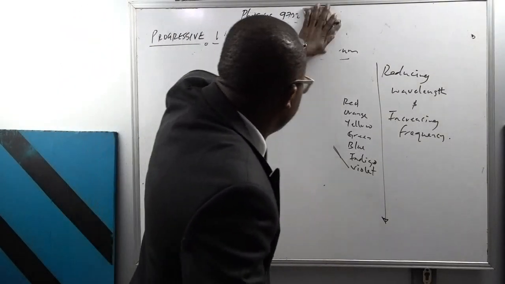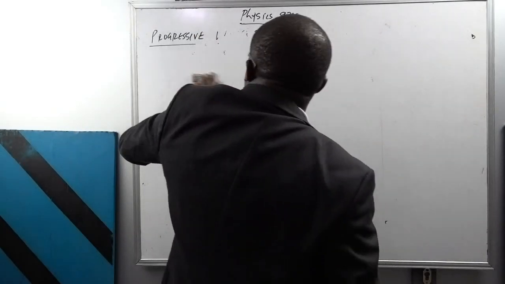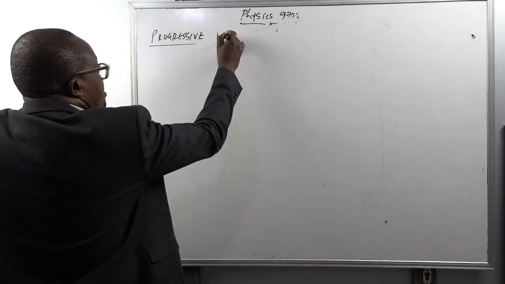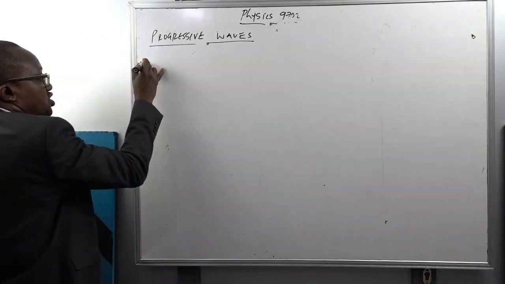The next one is longitudinal waves. When we talk about longitudinal waves, what does it mean? Longitudinal waves, which is the second type of progressive wave.